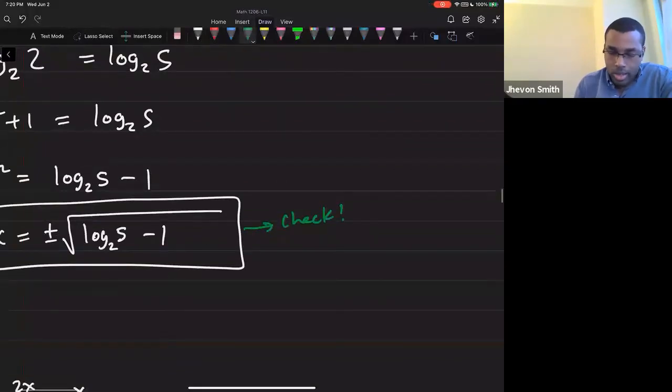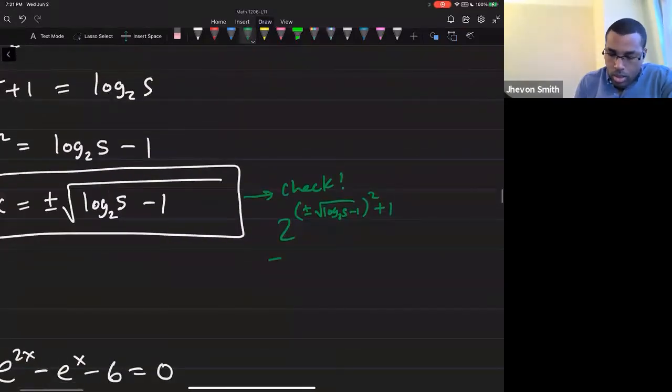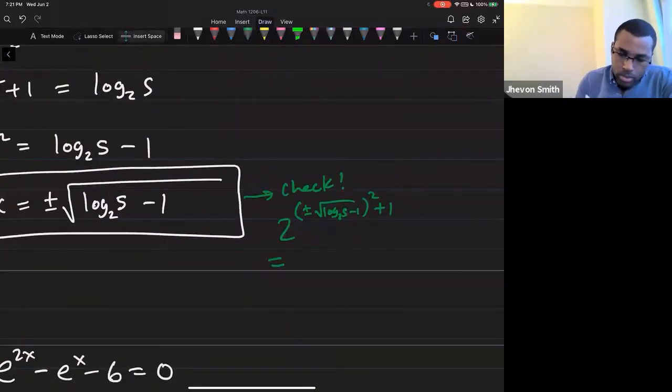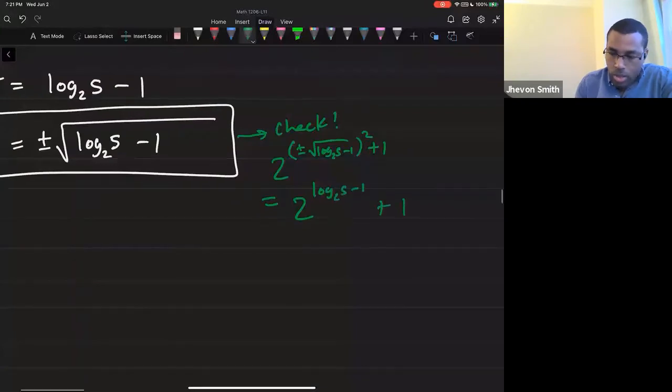So if you have 2 raised to the plus or minus square root of log base 2 of 5 minus 1, squared, plus 1, the square would kill the negative sign, whether it's plus or minus, and it would also kill the square root. So you'd get 2 to the log base 2 of 5 minus 1 plus 1.